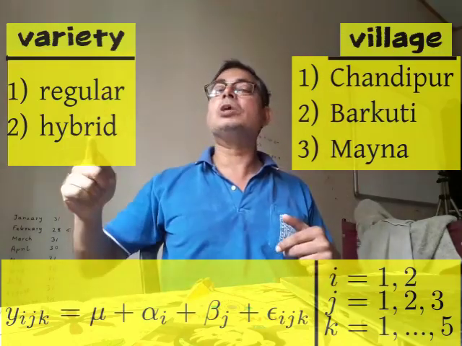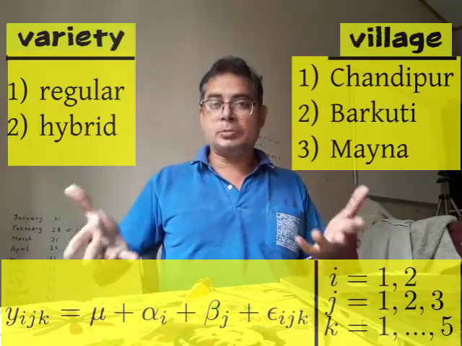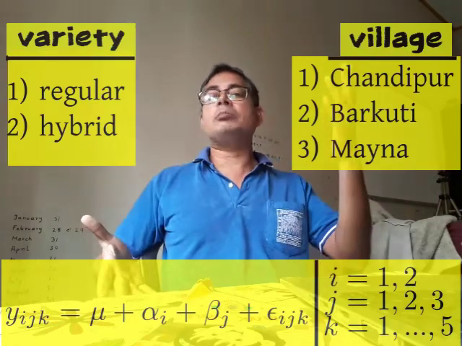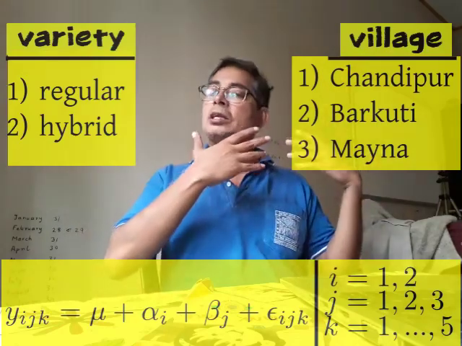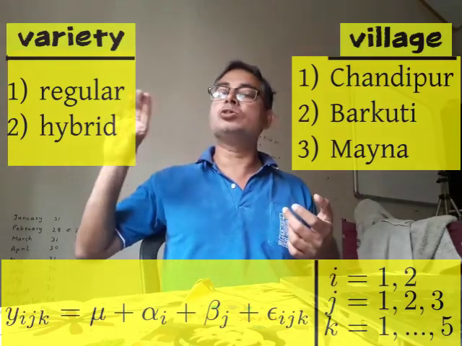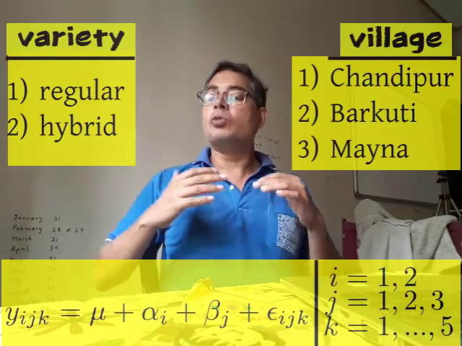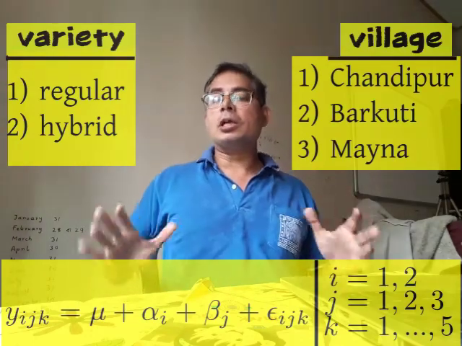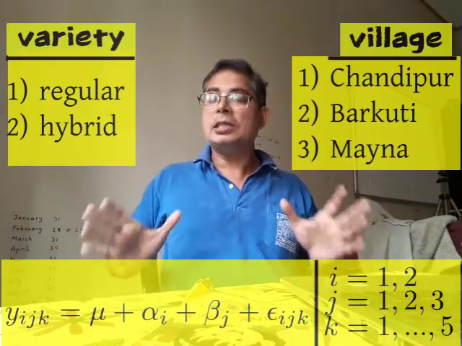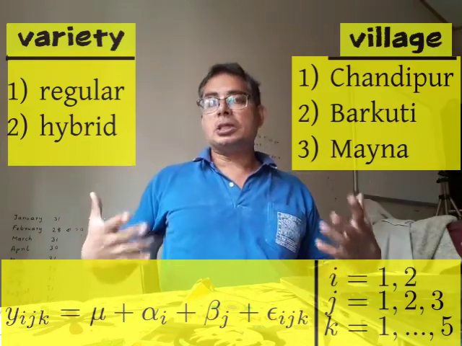But these varieties will be used. When you are going to use the consequence of this study, you will possibly have different villages, maybe a different number of villages, but still you will be talking about these two specific varieties. The question is whether we can have a model which reflects this asymmetry in our interpretation of the model.